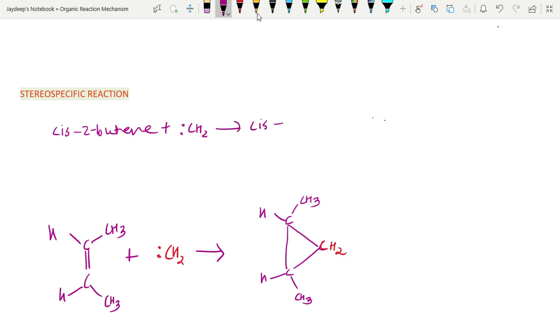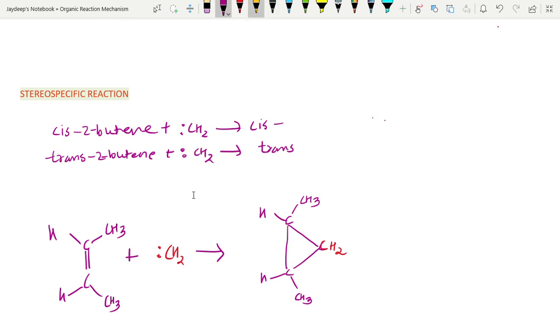So cis butene gives cis product, meaning a specific isomer gives a specific product. Similarly, trans 2-butene reacts with the same second molecule, carbene, and it gives a trans isomer. So cis isomer gives cis and trans isomer gives trans, so the reaction becomes stereospecific.